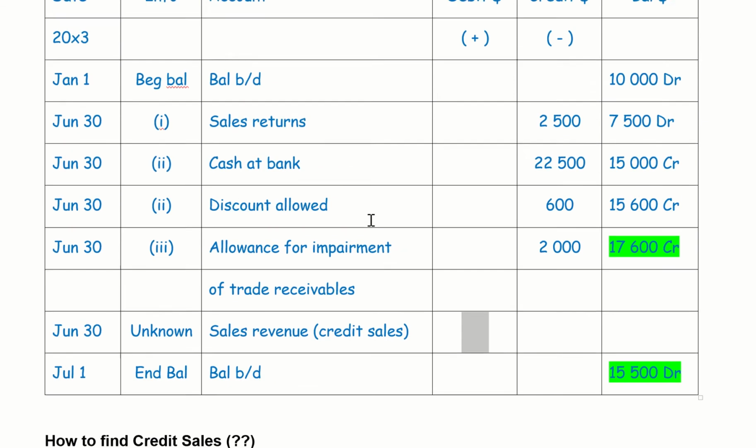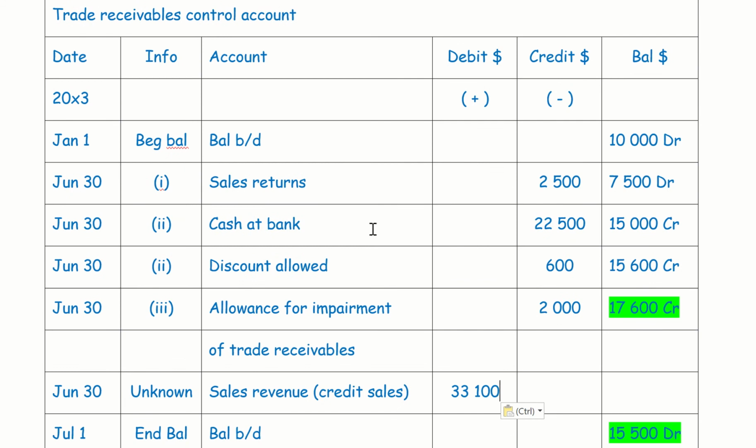Credit sales is going to be in the debit column, $33,100. So if I take my calculator and do my maths, I will see that 17,600 plus 33,100 equals 15,500.